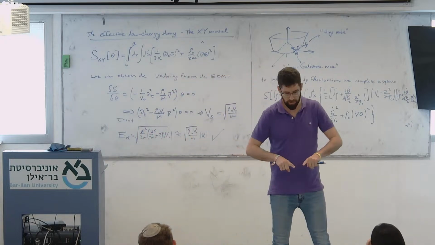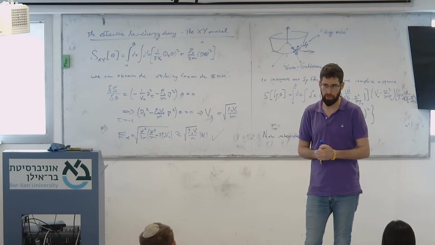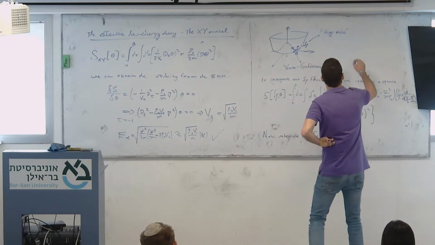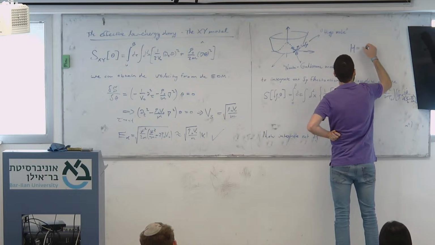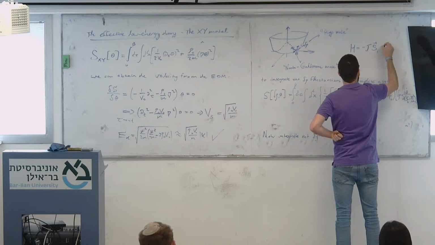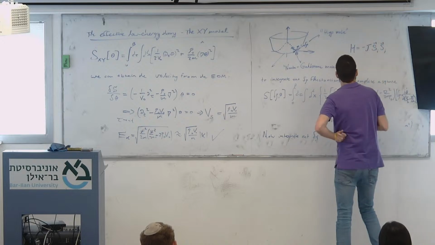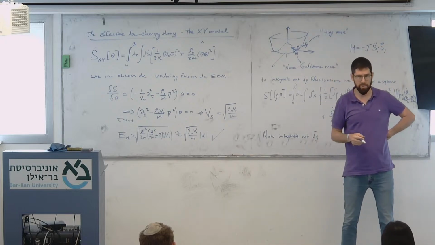So if I write a Hamiltonian, which is something like minus J S_i dot S_j, this is called the Heisenberg model.